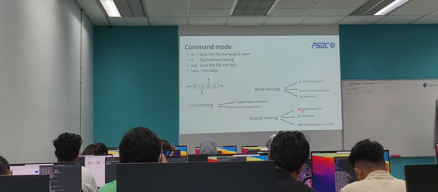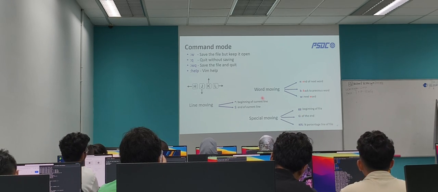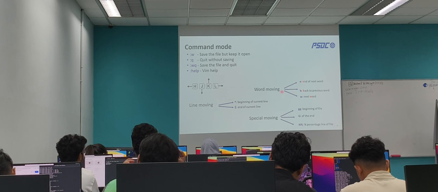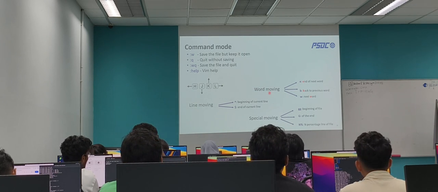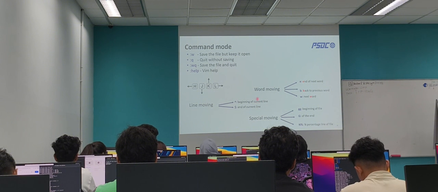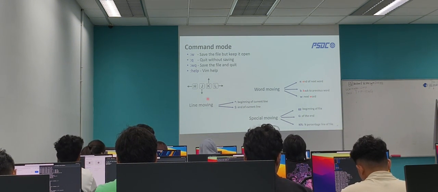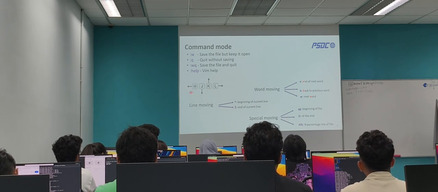So there are special moves: gg to the beginning of the file, capital G to the end, and a percentage to go to a percentage of the file. Let's say your file is very big, right? Let's say you want to go to 50%.